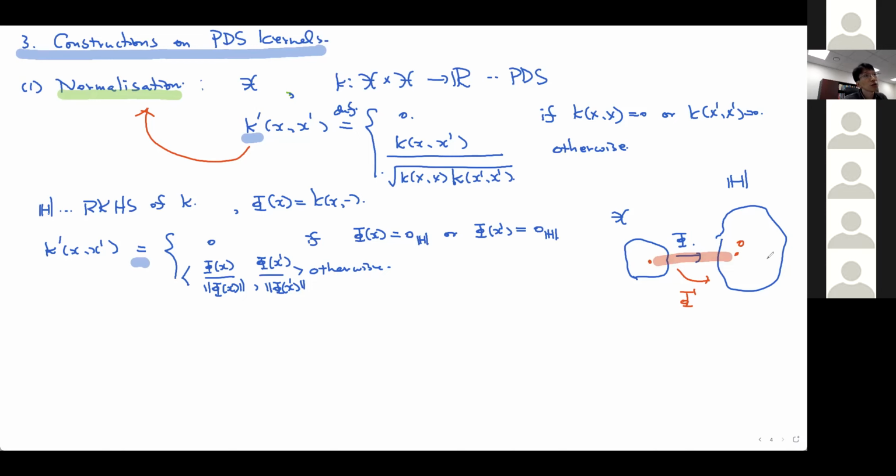Otherwise, my picture is a bit misleading, but in space H we are thinking about a sphere, a circle with 0 at the center, where every element has distance 1. If the original point is mapped to 0, we just keep it. For every other point, we map it to some point on the circle by taking the normalization. Okay.